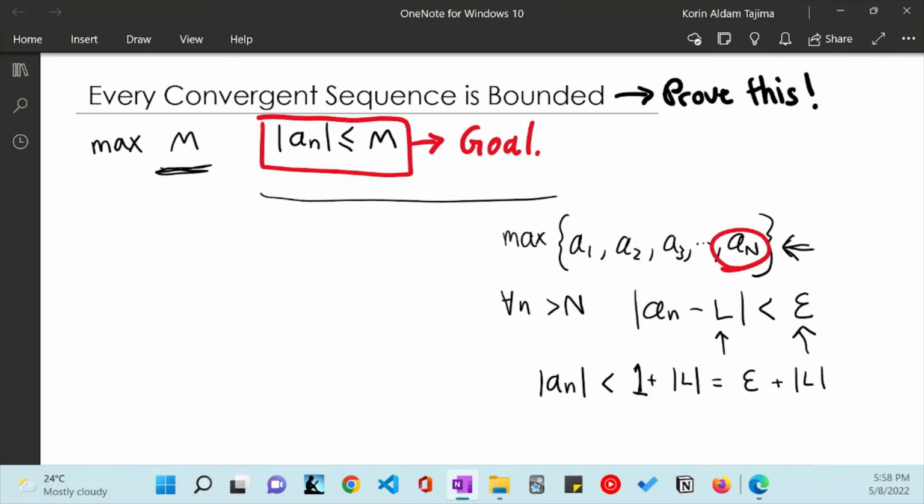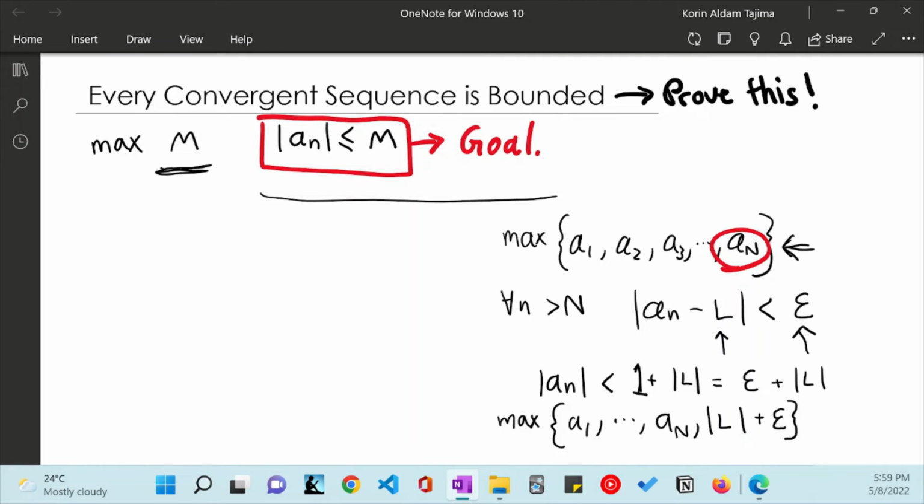So if that's true, then all we have to prove, this is the second part, is that there is a maximum that exists from a sub 1 all the way to a sub capital N, and include all of the limits plus that certain margin.